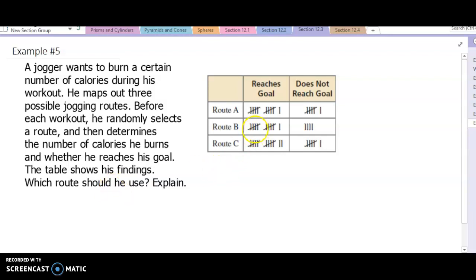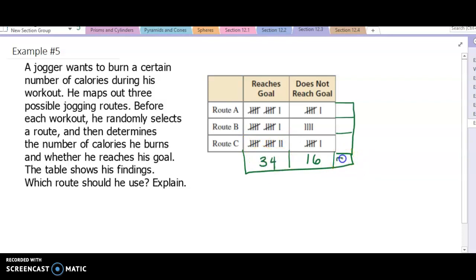Okay, so the first thing I want to do is add up all these tally marks. Okay, I want to get the marginal frequencies. So here's 5, 6, 6 plus 4 is 10, 15, so there's a total of 16 there. 10, 11, and 11 is 22, 32, 33, 34.